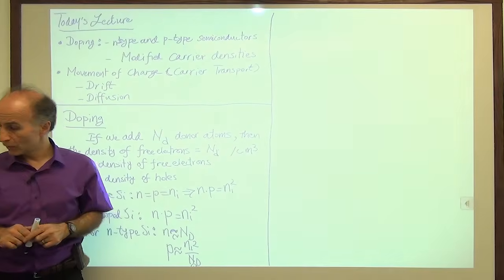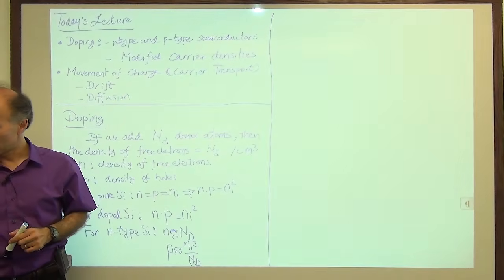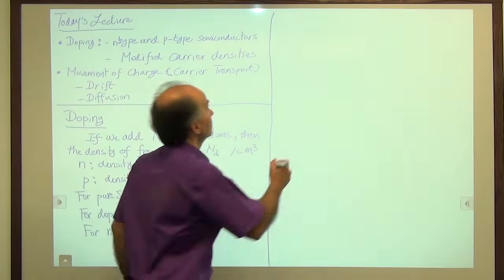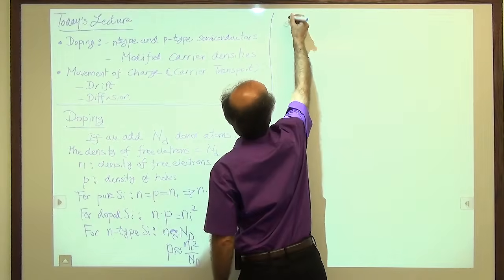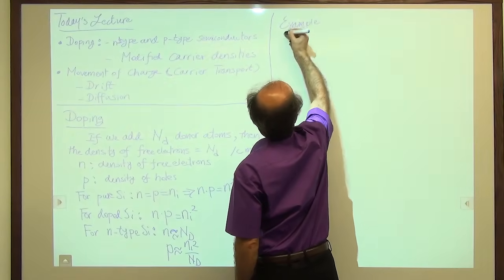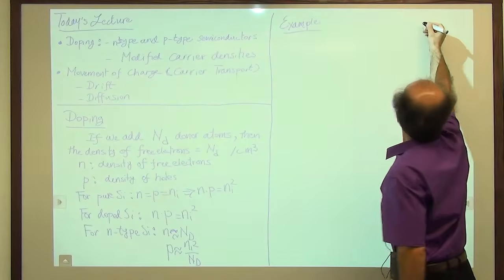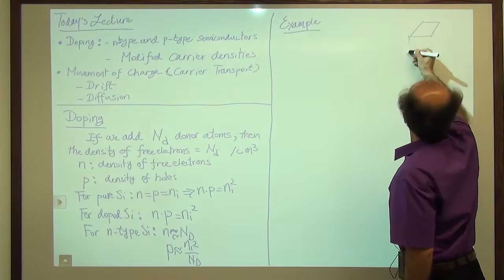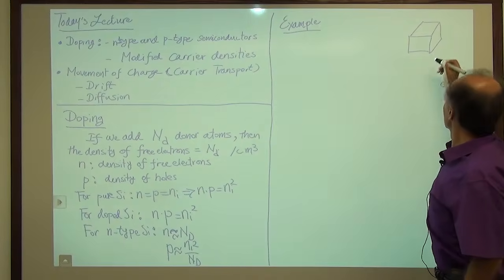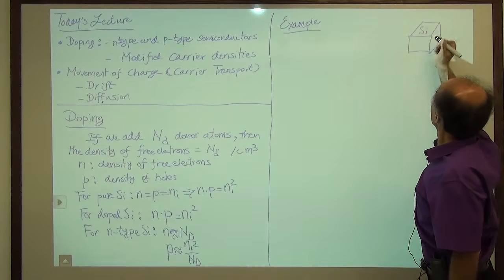So just to give you a quick example of what we have here, let me do a calculation. We take a 1 centimeter by 1 centimeter by 1 centimeter piece of silicon. So this is silicon.